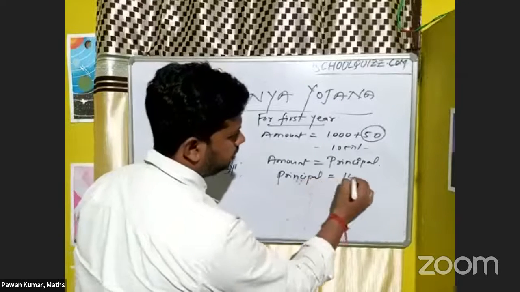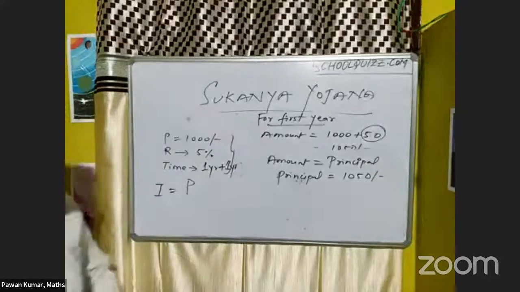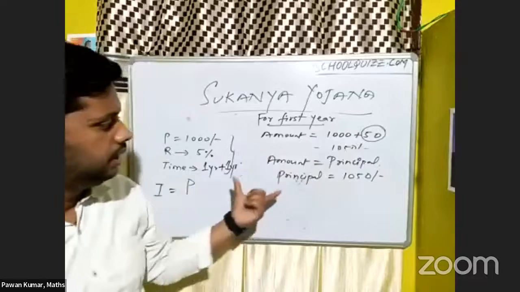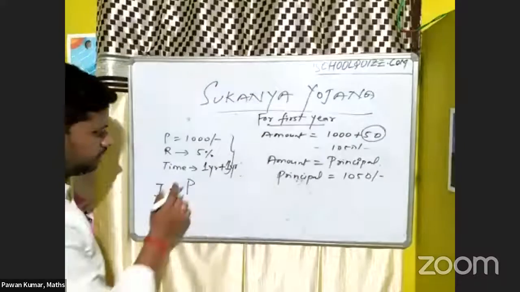Principal becomes 1050 rupees for the second year. If it is simple interest, the principal always remains the same. But for compound interest, the principal for the next year will be 1050.